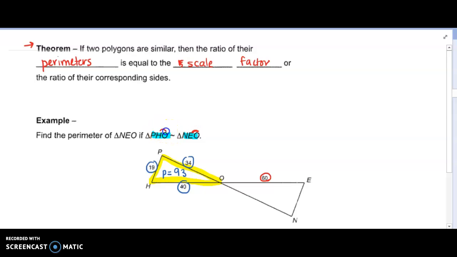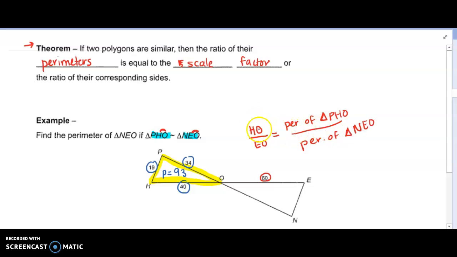So I can say that HO is to EO, or OE, whatever, as the perimeter of triangle PHO is to the perimeter of triangle NEO.